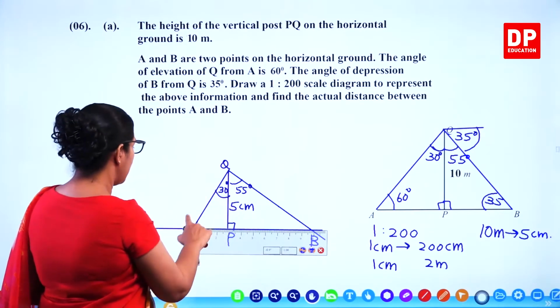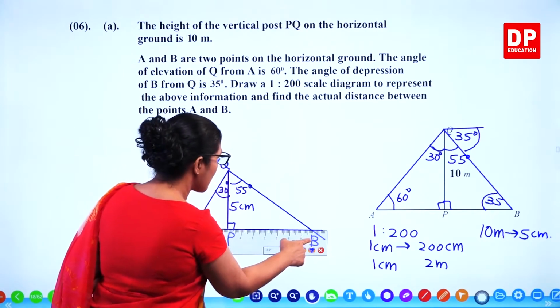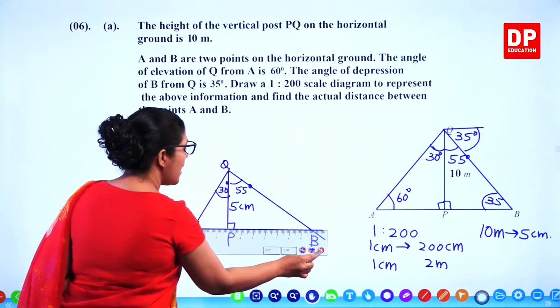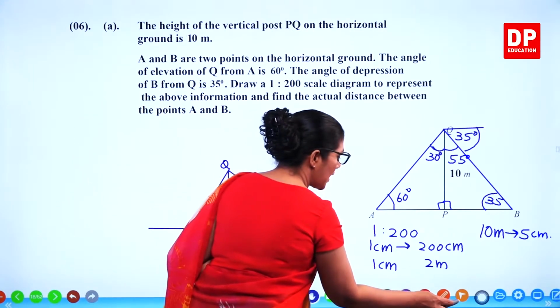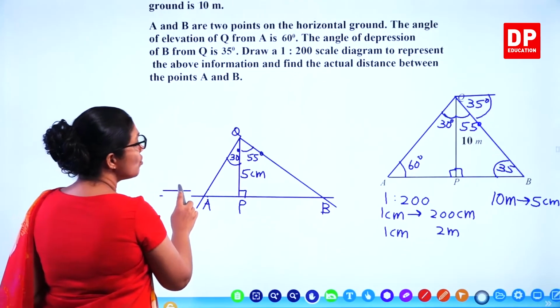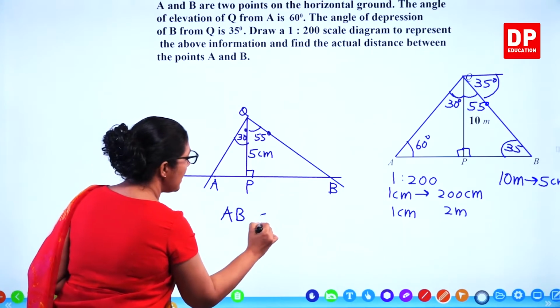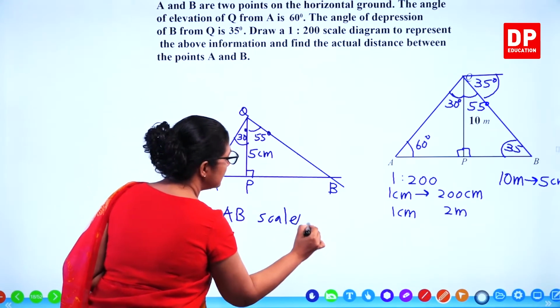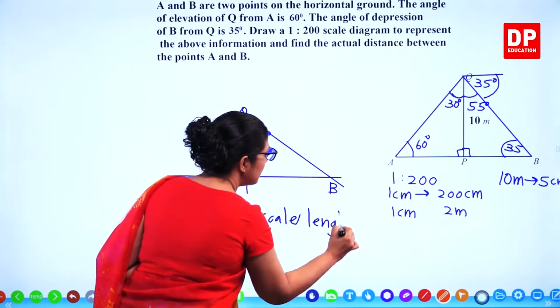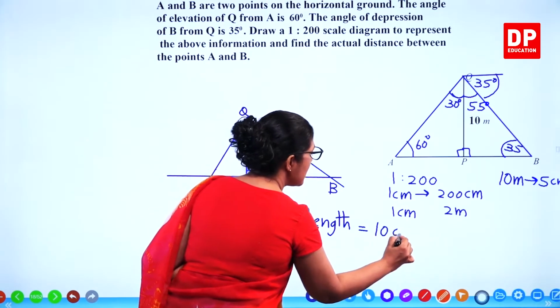What's the length? From here, this is 10. 10 centimeter length we can see. So 10 means, what's the actual length? AB scale length is equal to 10 centimeters.